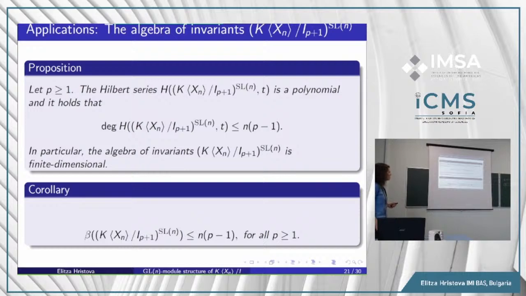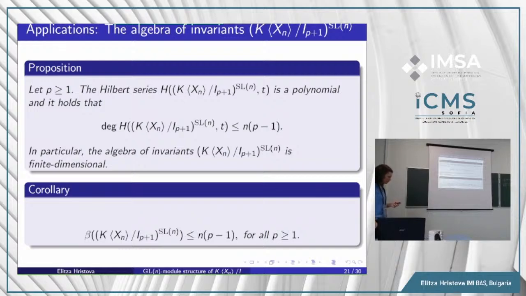This is the bound we get. In particular, this means that this algebra of invariants is not only finitely generated, but also finite dimensional. And when we compute the degree bound, we compute it not only for a generator, but for any homogeneous element. This is the degree bound in this case.